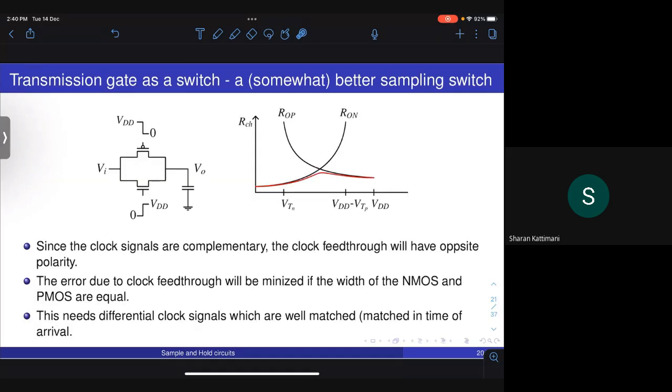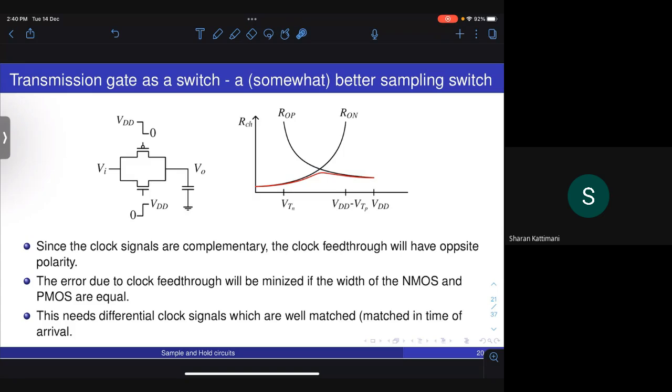But since the clock signals are complementary, what we expect is that the clock feed through will have opposite polarity. And if they have opposite polarity, we expect them to get cancelled. But you have to be careful here. This is true only if the arrivals of the two clocks are very well matched.